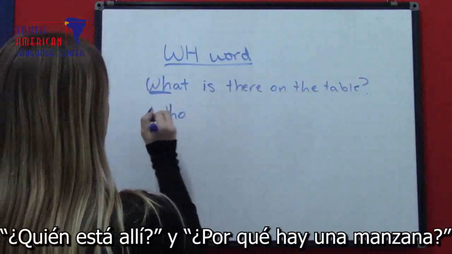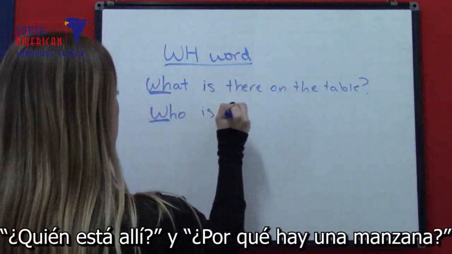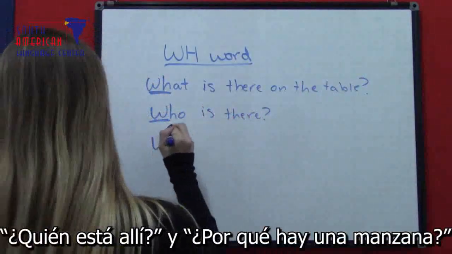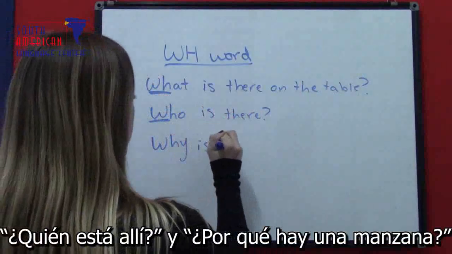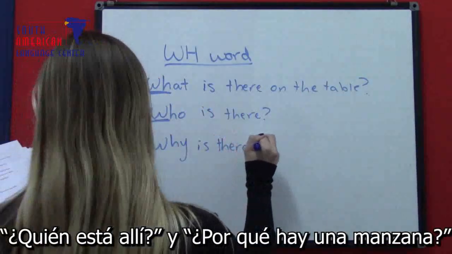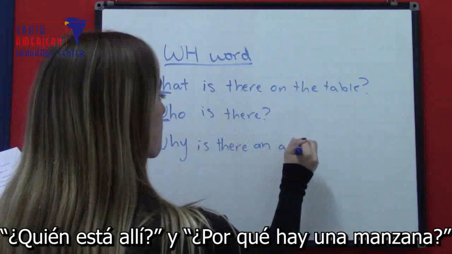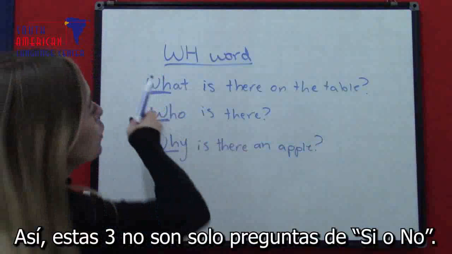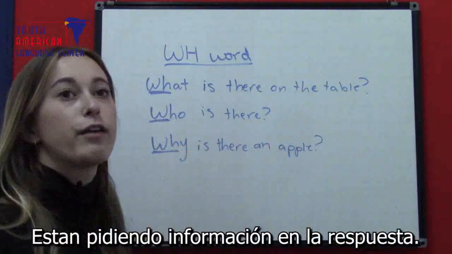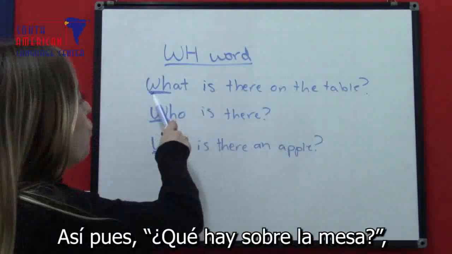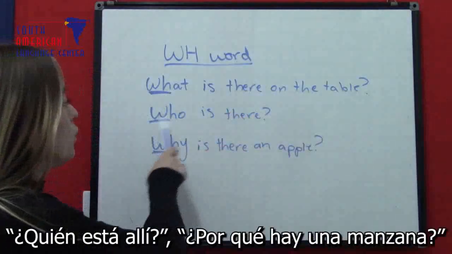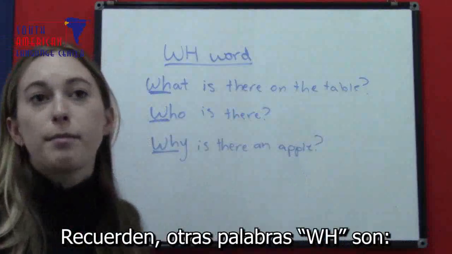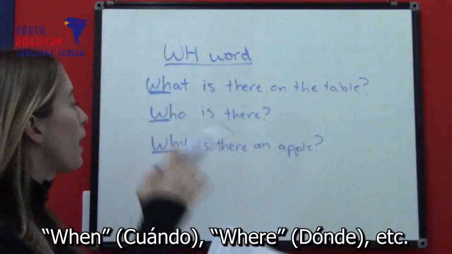Who is there? And why is there an apple? So these three questions are not just yes or no questions, they're asking for information in the answer. So what is there on the table? Who is there? Why is there an apple? And remember, other WH words are when, where, etc.